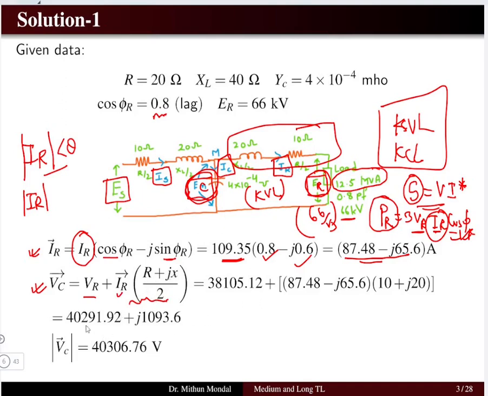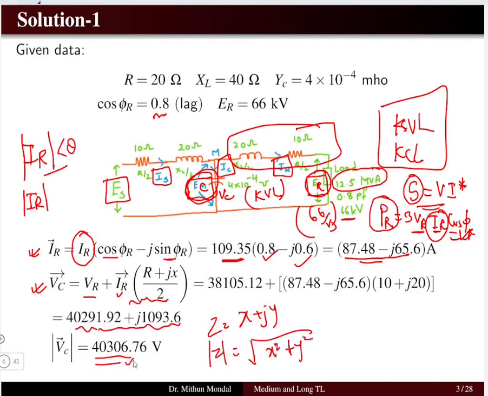So we will get the voltage across this capacitor, VC. Now we can find the magnitude of this voltage. When we have a complex quantity x plus jy, the magnitude is equal to the square root of x square plus y square. So we can find the magnitude of this using the calculator.